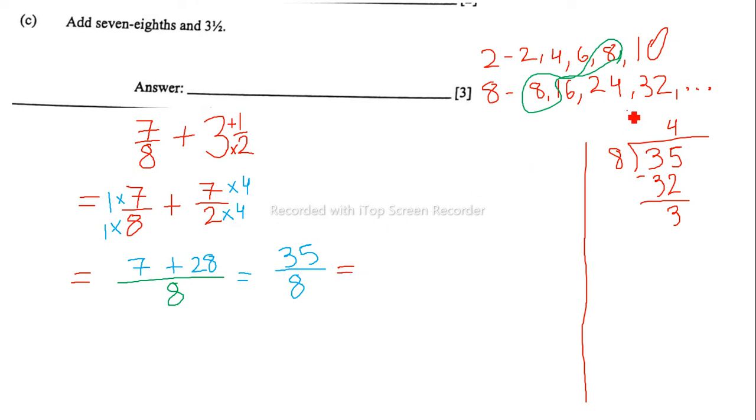And the numerator is going to be 3, and the denominator is 8. So 3 over 8. So 4 and 3 over 8 is our answer.